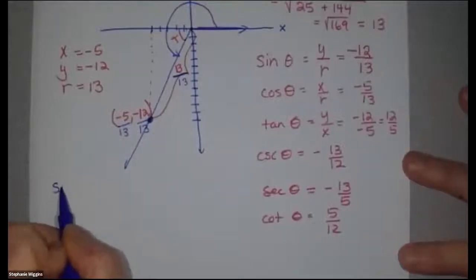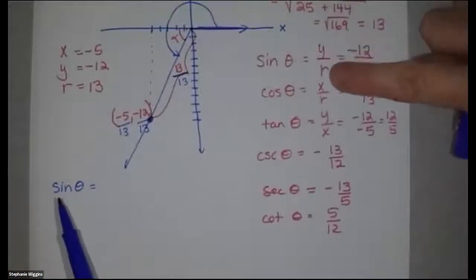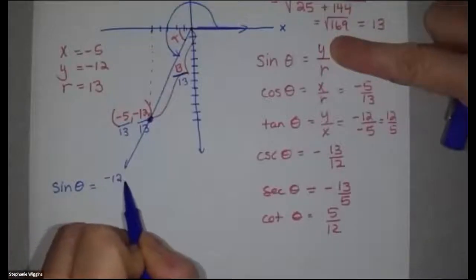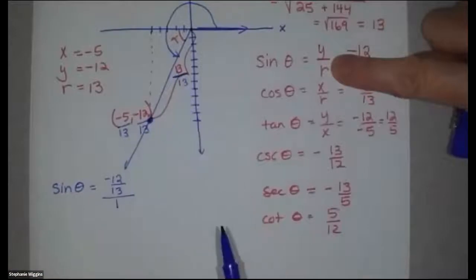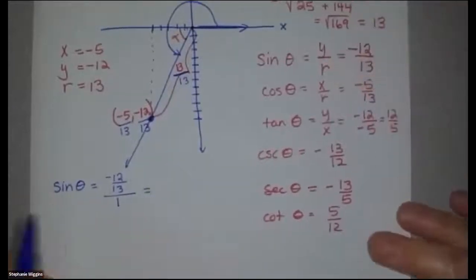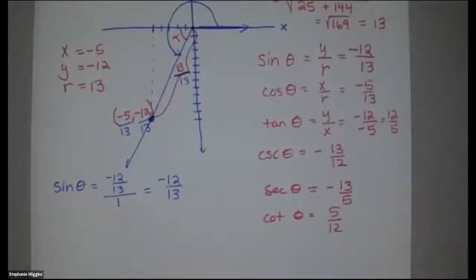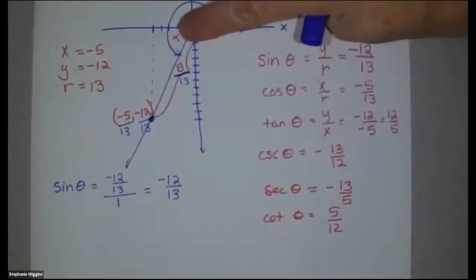So sine of theta then becomes y over r. Well, y now is negative 12/13, and r is just 1, right? Because I changed all these values. But notice the sign is the same. So this particular example is really great to show you that it doesn't matter the size of your triangle. All that matters is that your angles are the same. And if I divide each side by 13, this angle isn't going to change.